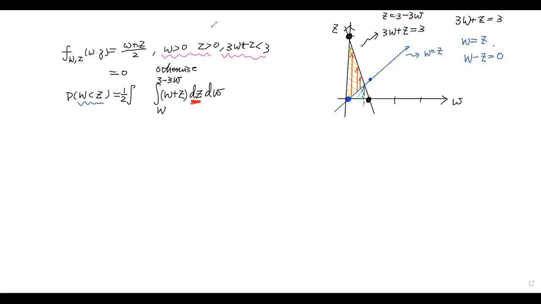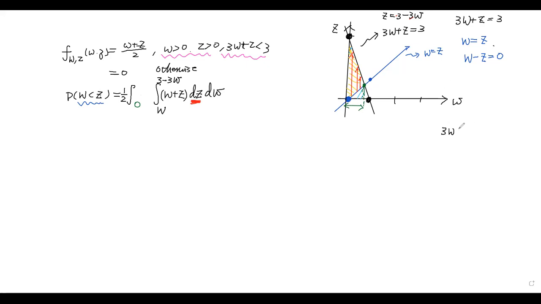So the range of dw starts from here to here, correct? I know W starts from 0, but what is this distance here? This distance is the intersection, so I need to solve this.